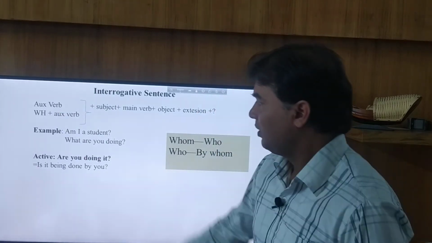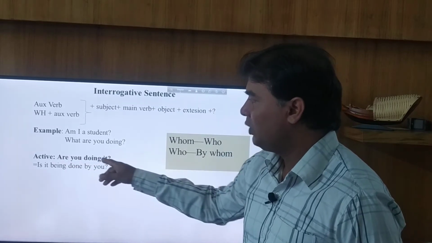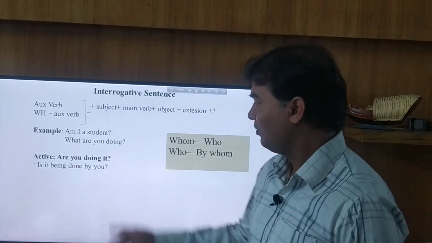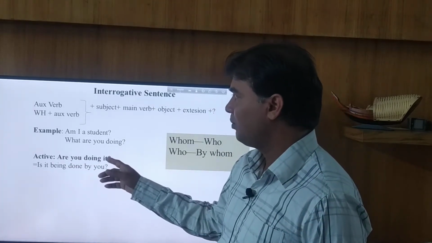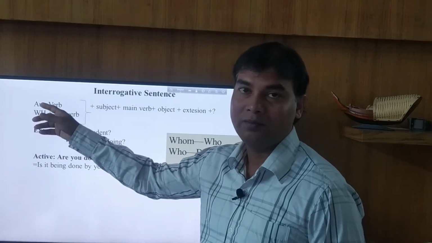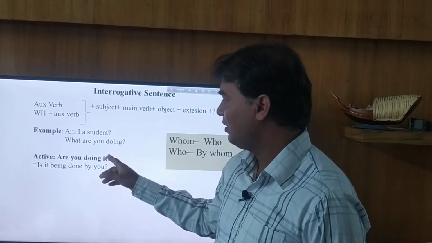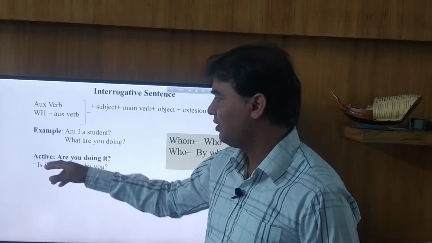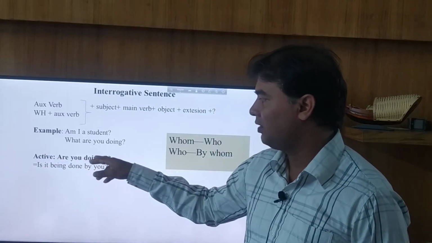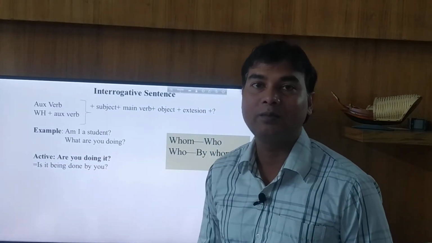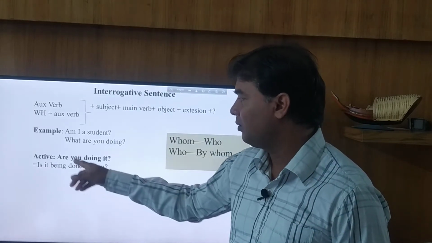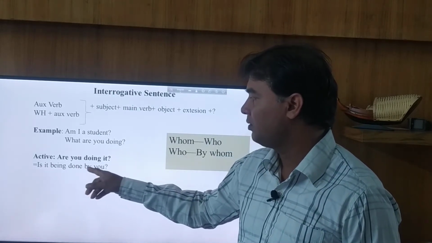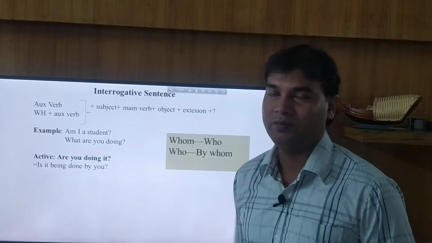Here you see, are you doing it? First of all the object, but before that you need to use the auxiliary verb is, then the object it, is it, and since the sentence is in continuous form, you need to use extra being, is it being, then the past participle of the main verb done, then the preposition by, then you.